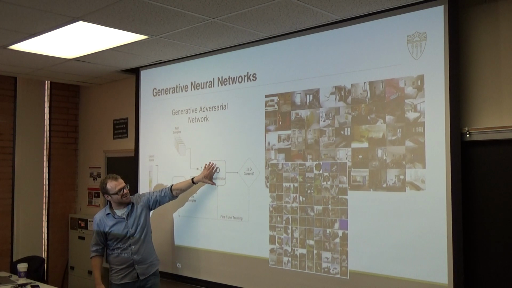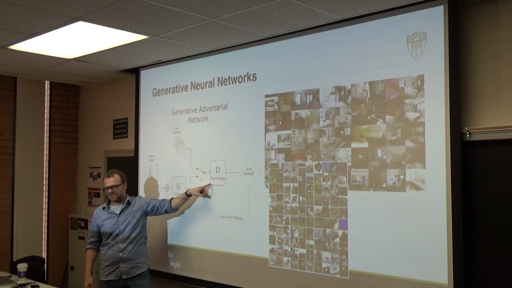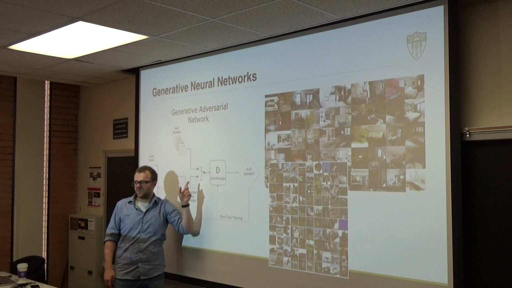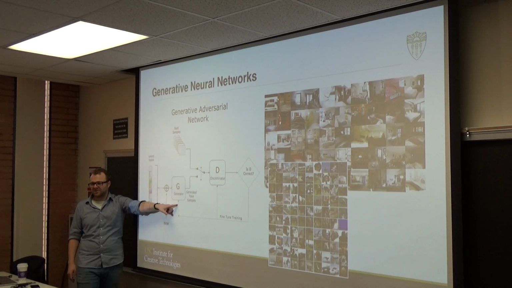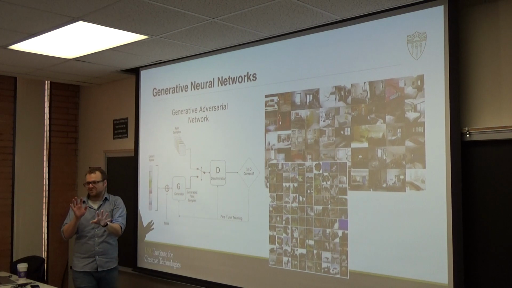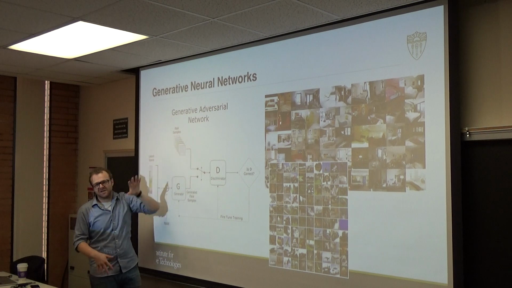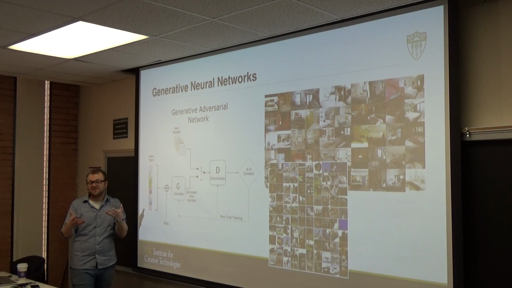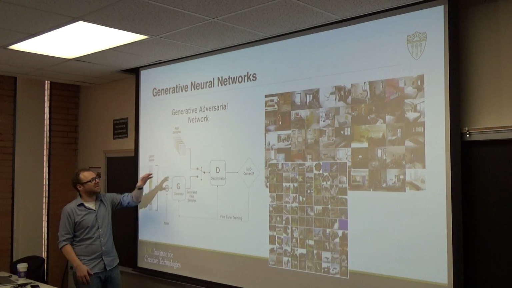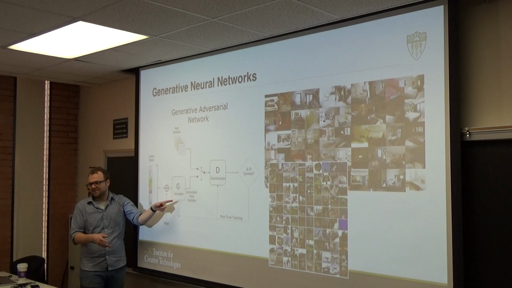The discriminator has to decide if the image or sample that it just received was a real sample or generated by this guy. So it has to make a supervised decision, real or fake, even though these data points have no labels. But they have a label in the sense that they were collected by you or they were generated by this guy.